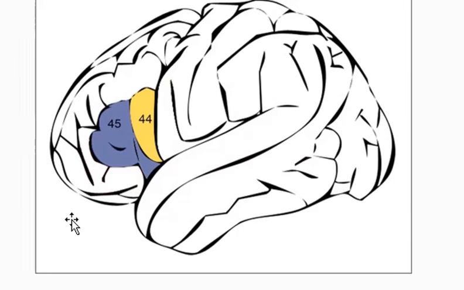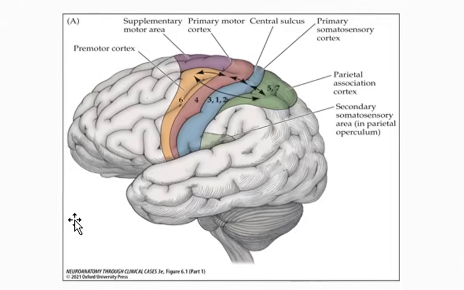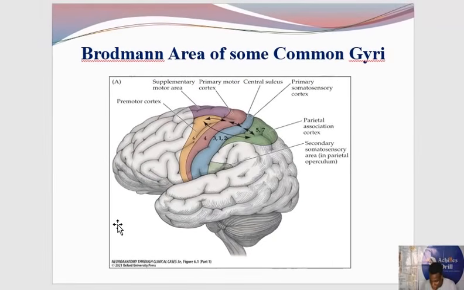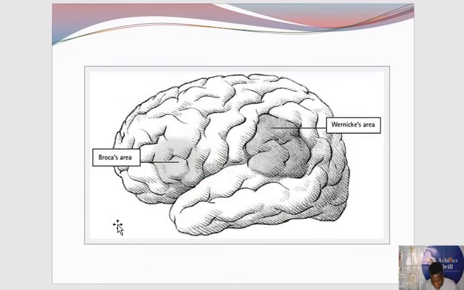We said pars opercularis is area 44 and pars triangularis is area 45. Okay, so let's go down to talk about the Wernicke's area.